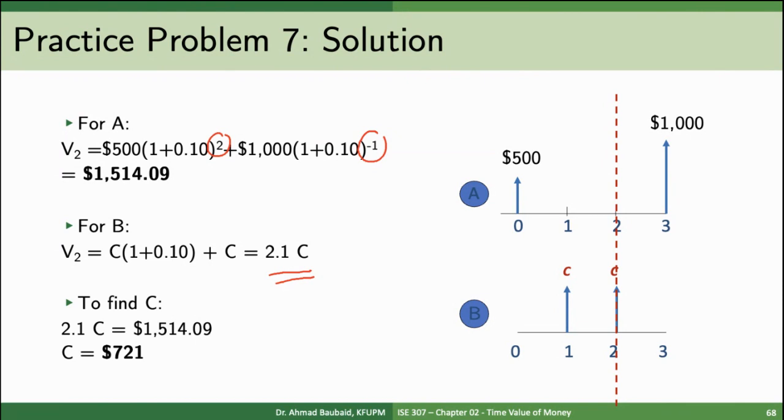And then I solve for C, and I get $721. So if these 2 C's were 721, these 2 cash flows are equivalent. I'm indifferent between the 2 because of interest. And if I manipulate the numbers, like if I move this here, I will get this exact same cash flow. So they look kind of different, but if C was 721, the 2 are really the same cash flows.